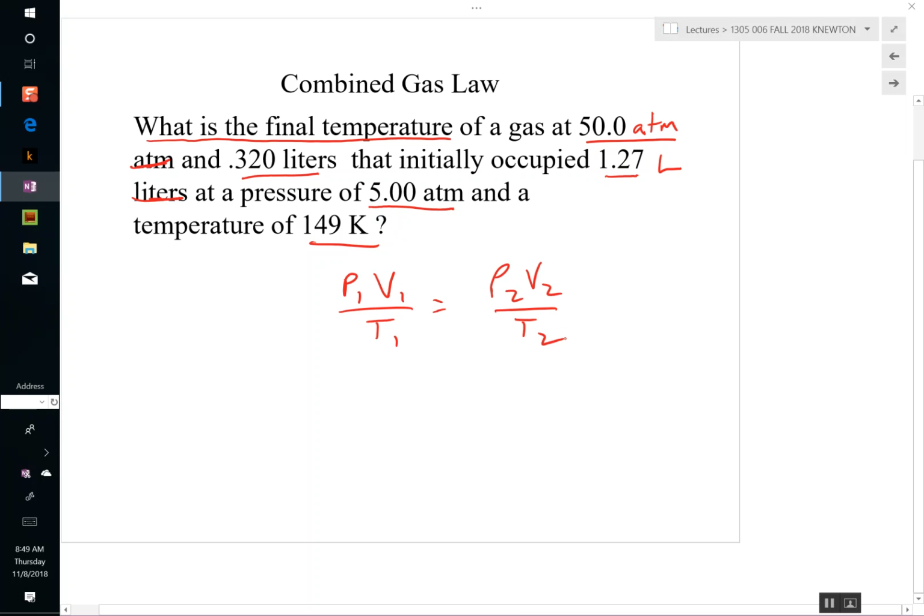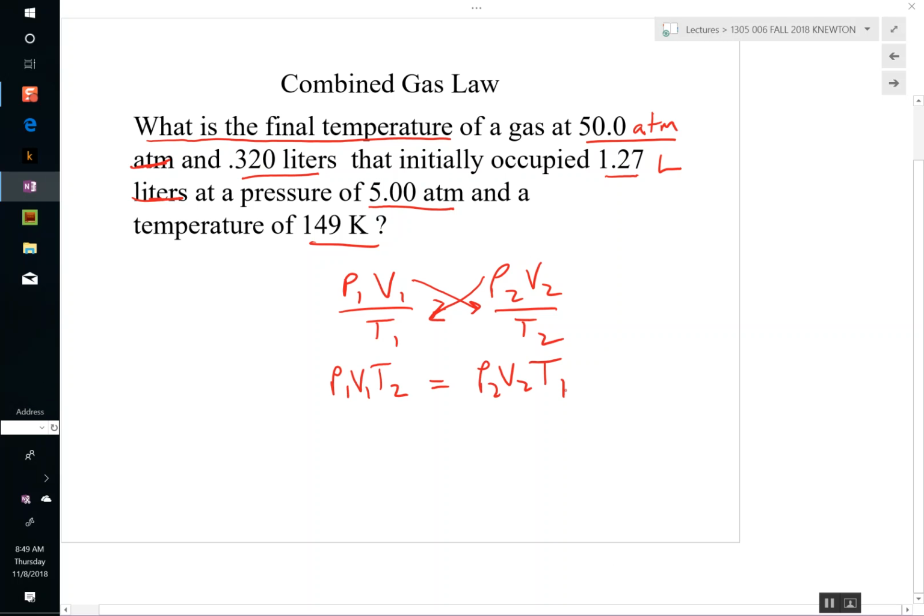Now, if you cross multiply, I'm going to get P1 V1 times T2 equals P2 V2 times T1. Is that the way you like it? Okay. We'll get everything out of the denominator.